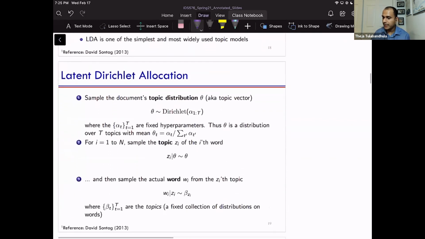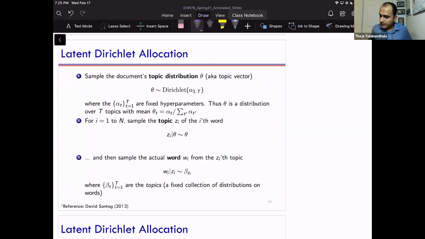So here's the idea. This is also a generative model, which means the way to think about this model is, hey, if I wanted to generate a new document, how would I do it? Any generative model, whether it's for a specific prediction problem, for example naive Bayes, answers the question of how do I generate a new document in this case.